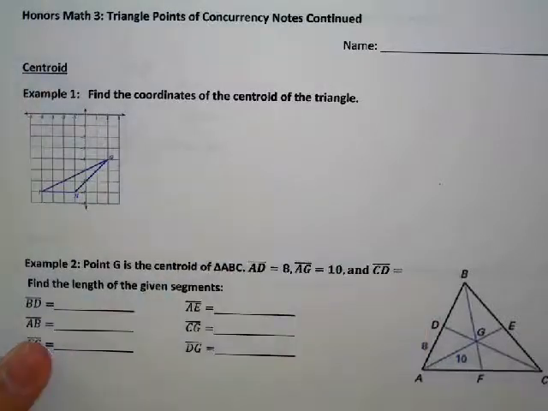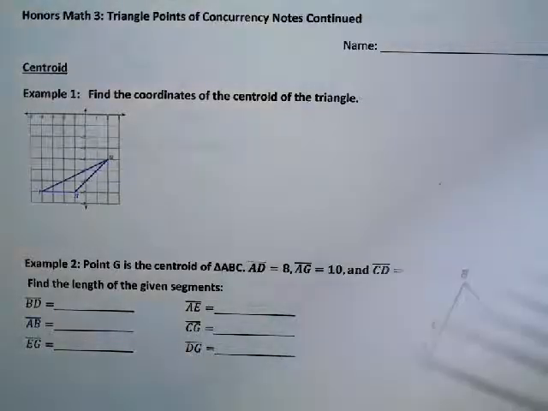It says, find the coordinates of the centroid of the triangle. There was actually one similar to this on the video notes last night. So any idea? Let me remind you. Here it is.